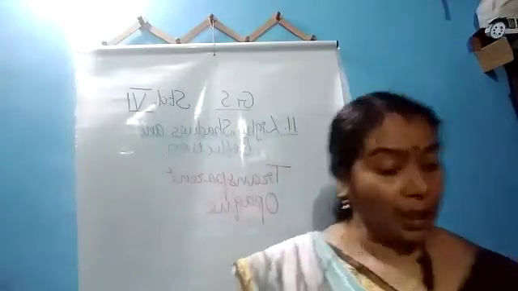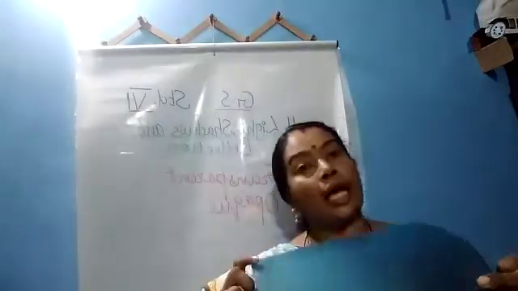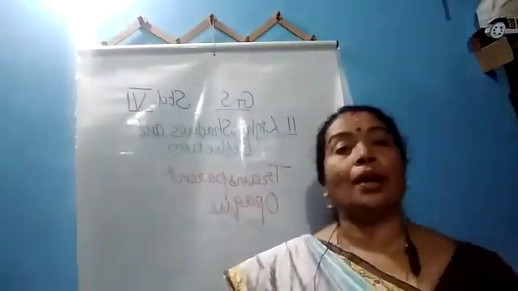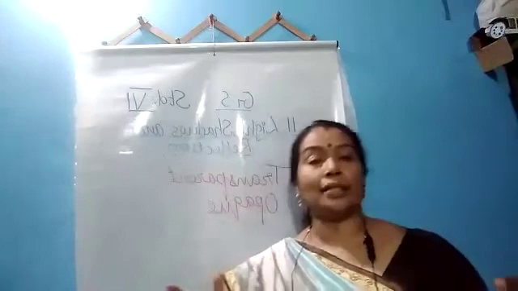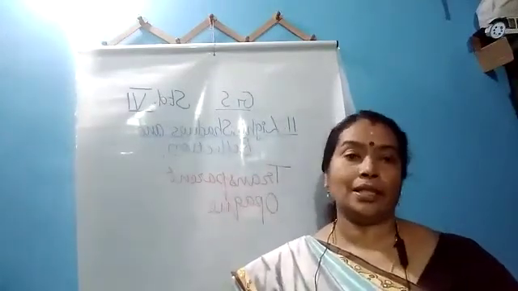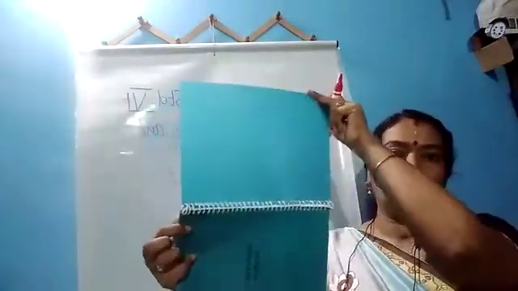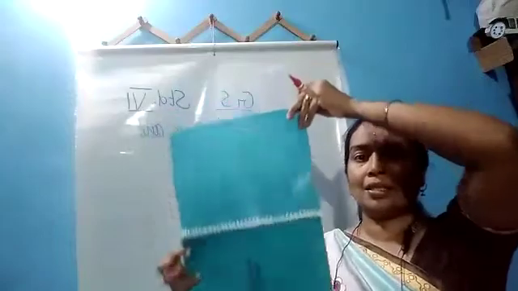And one more thing I showed you, this cover. It allows the light to pass through it, but we can't see clearly the things behind it, isn't it? It allows the light, so you can see something.